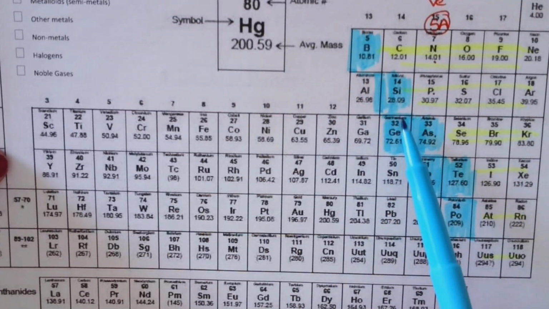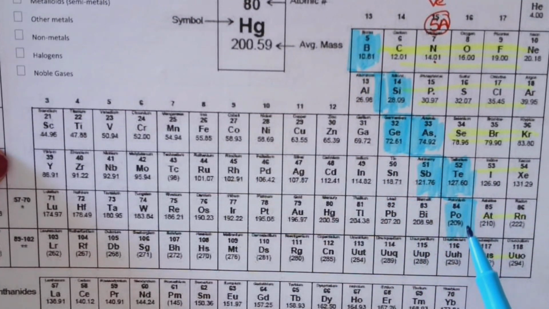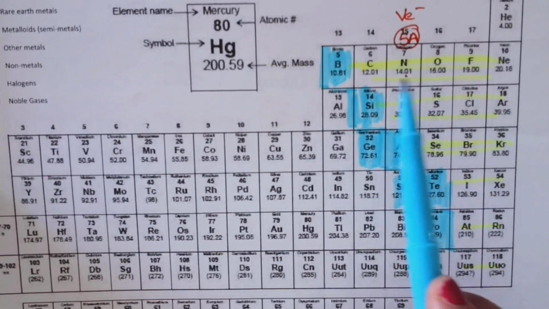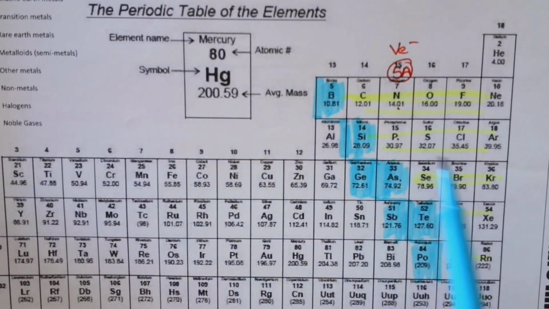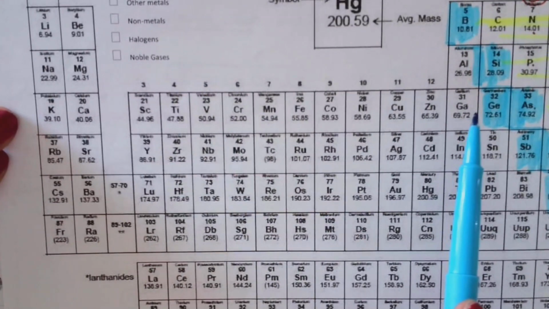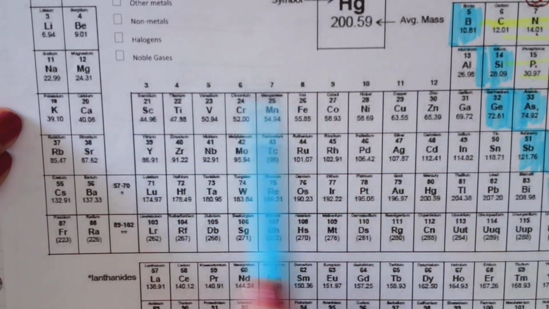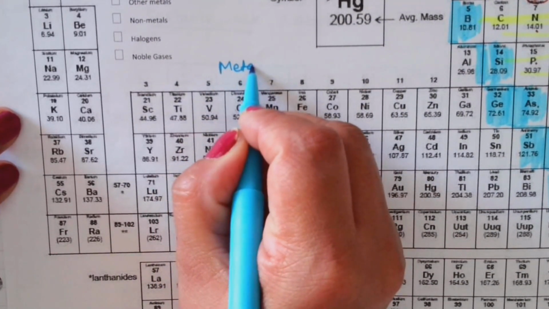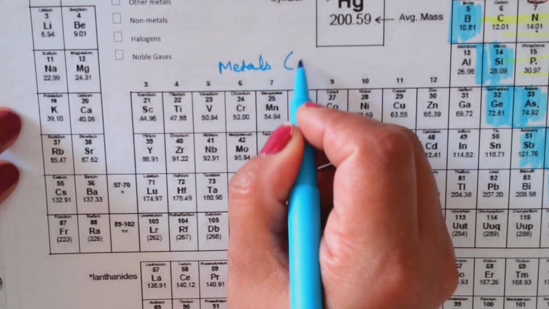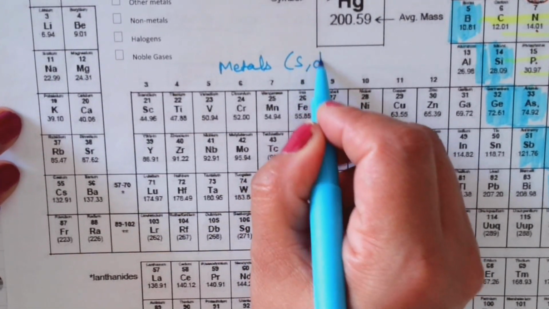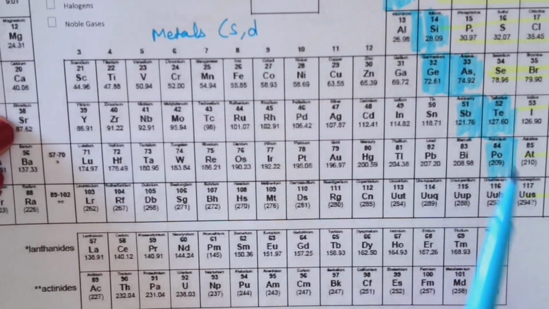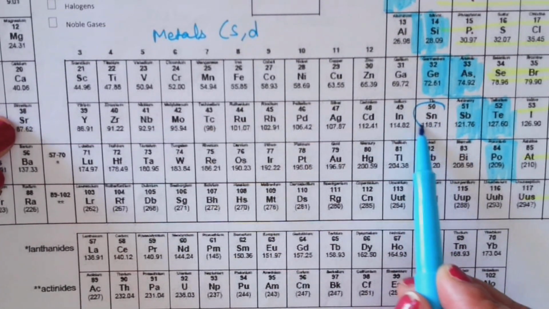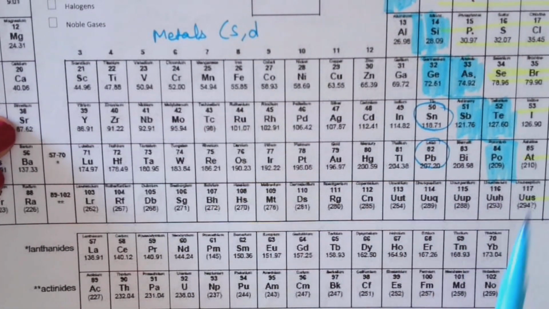So we have this staircase. All these ones that I have highlighted in blue are the metalloids, and the yellow ones are the non-metals. On the left-hand side of that staircase we have the metals. So metals are the S and D block elements, and some elements of the P block like lead and tin are also metals, right?